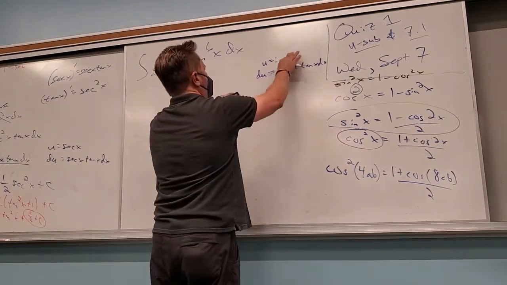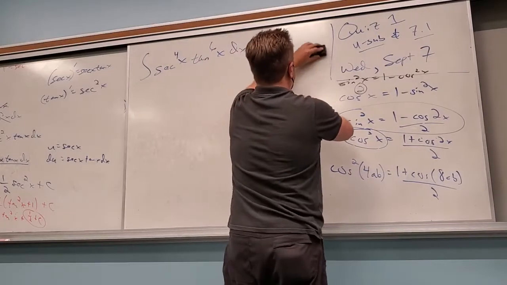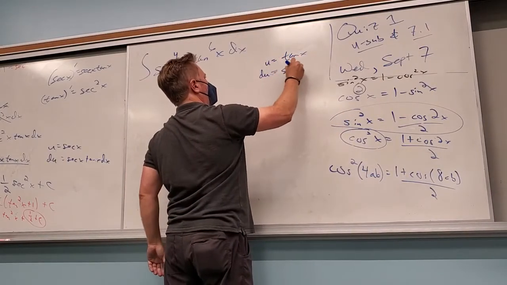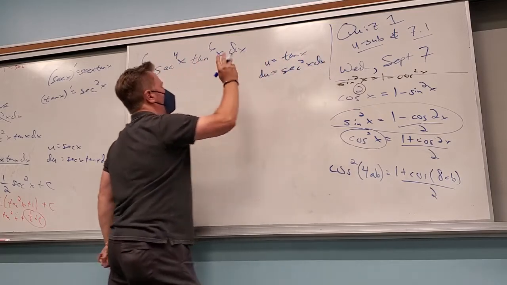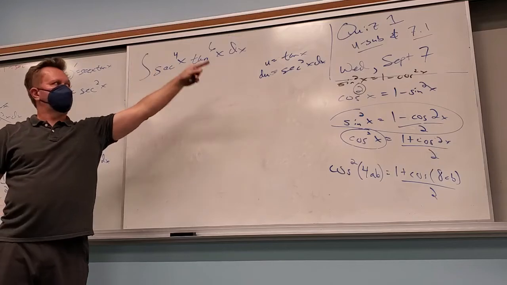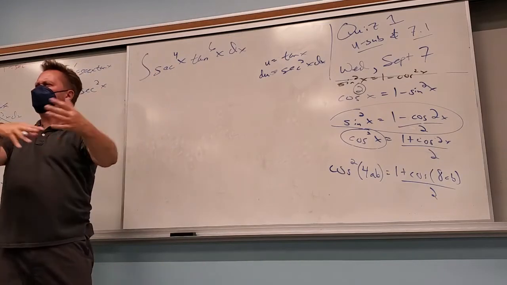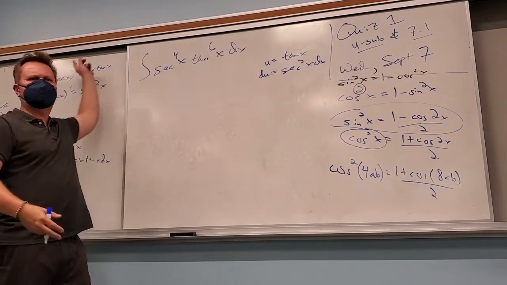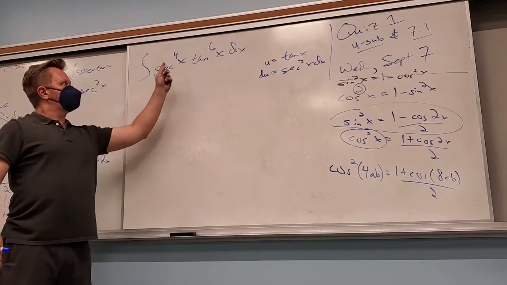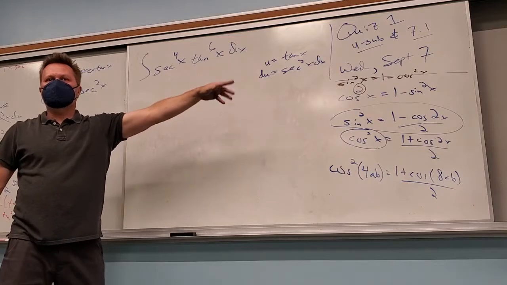So what if I let u be tangent? What would du be? Secant squared. That seems to jive because everything's even. My derivative is even, so I'm going to be left with an even number of things, and my identities need an even number of things. So based on what I'm given, that does make more sense.